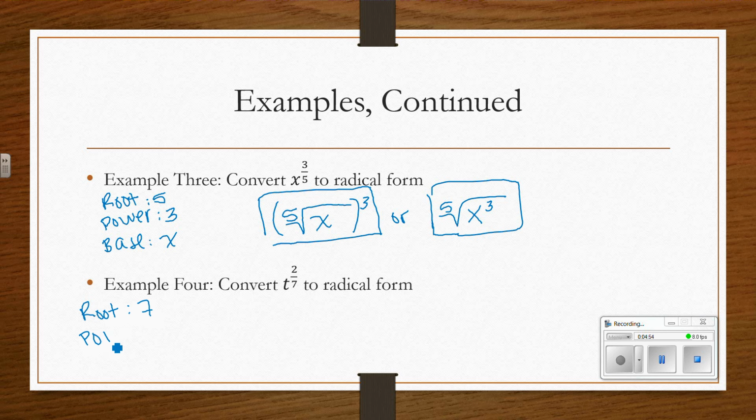The power is the numerator, so 2, and the base is t. So this looks like the 7th root of t raised to the 2nd power, or you can have the 7th root of t squared. Either one of these is fine.